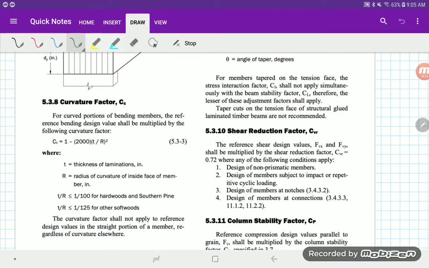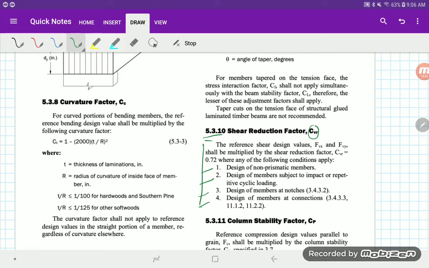And if you look at 5.3.10, it says the reference shear design values shall be multiplied by a shear reduction factor if you have the design of non-prismatic members, which is not our case, design of members subjected to impact or repetitive cyclic loading, which is not our case, if we have notches or we're designing notches, and if we're designing connections. So CVR for this problem doesn't apply, and here are the cases when it does apply.